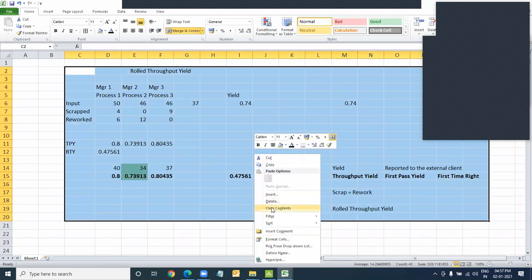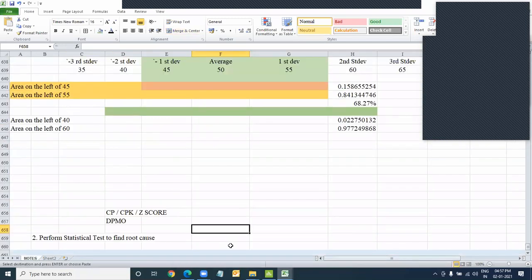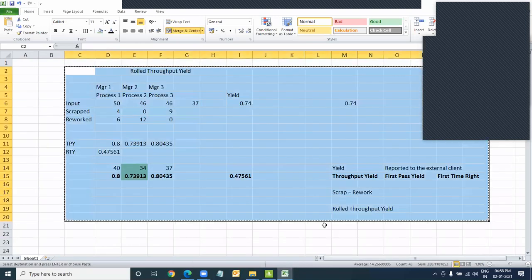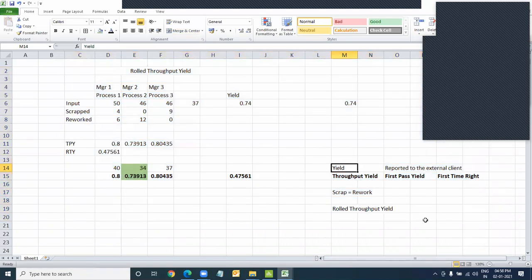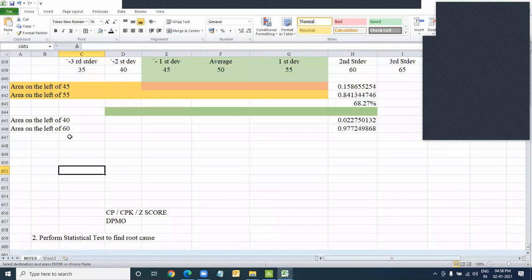Different audiences, different people that you will be dealing with, you have to use these different metrics for different kinds of people, because depending on who you're dealing with, you have to give the feedback accordingly. Let me copy paste this information into the Excel sheet so that we don't lose it.